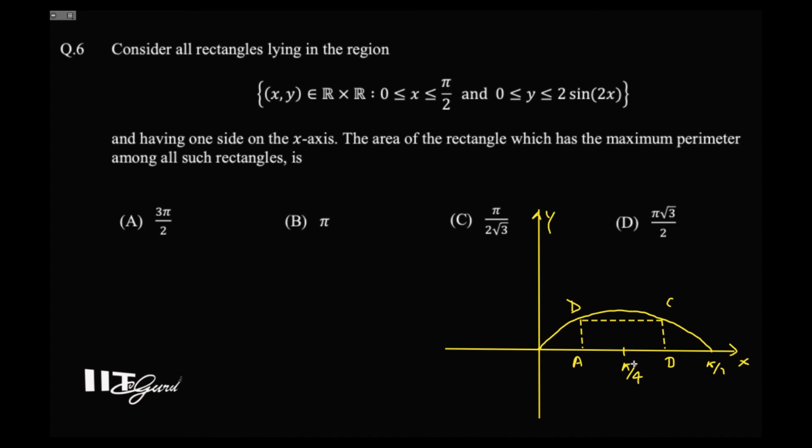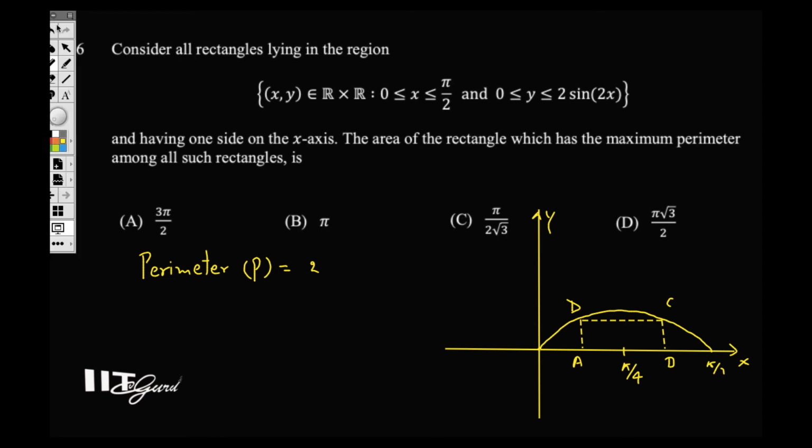Now the perimeter, let's say P, is equal to twice of this part.